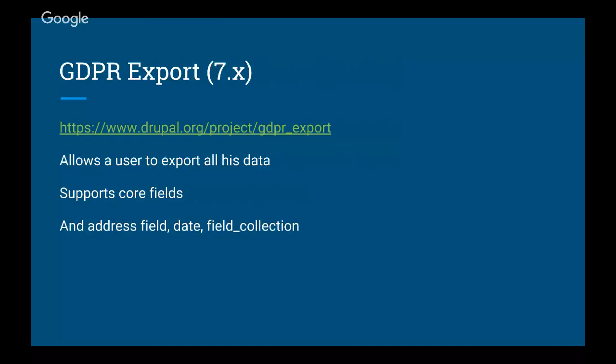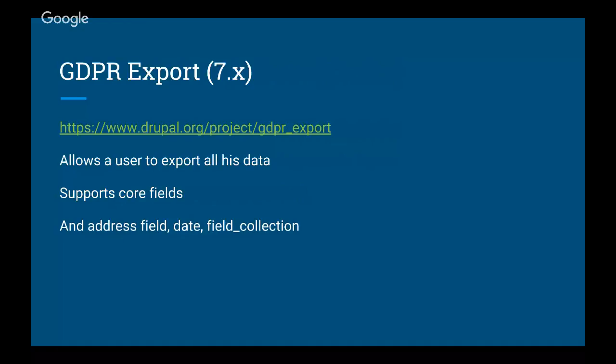There's the GDPR export module, and what it does is it allows the user to export all his data. This is one of the strange requirements with GDPR, that the data that you have on file for the user should be possible to export in a transportable format. So in most cases, I guess that would be JSON or XML.